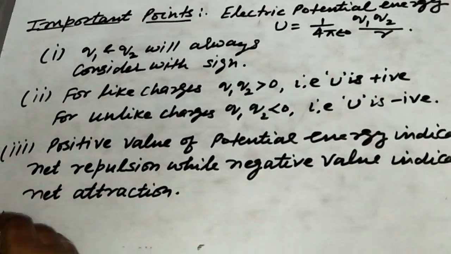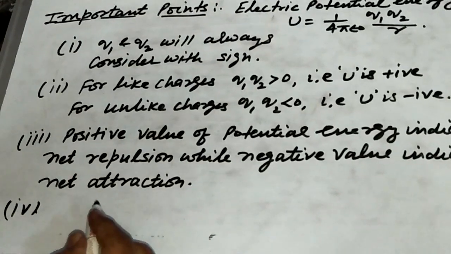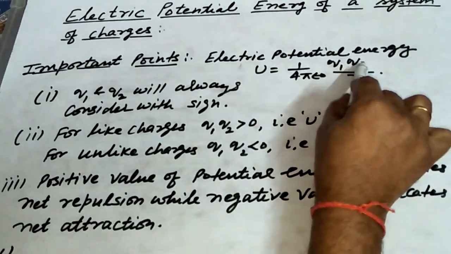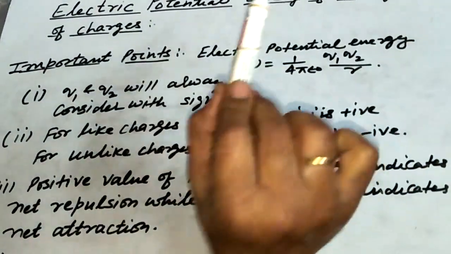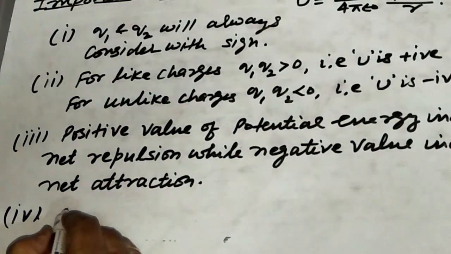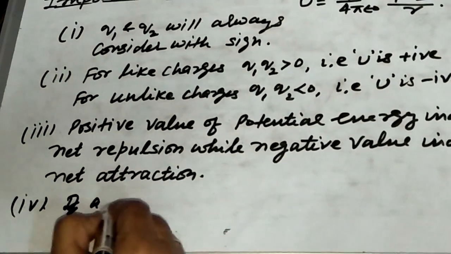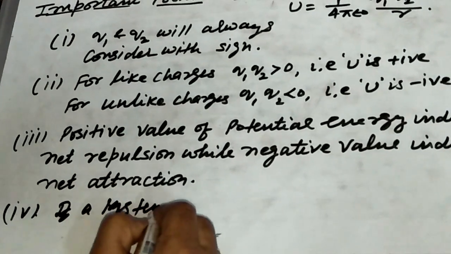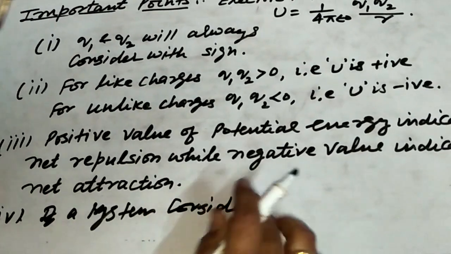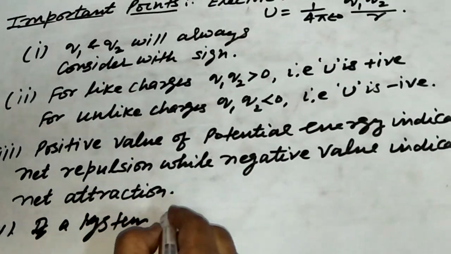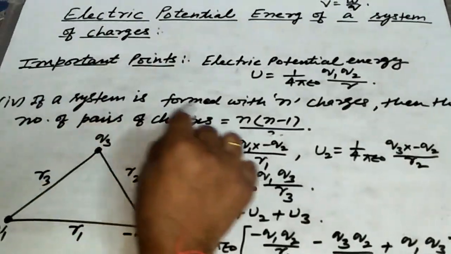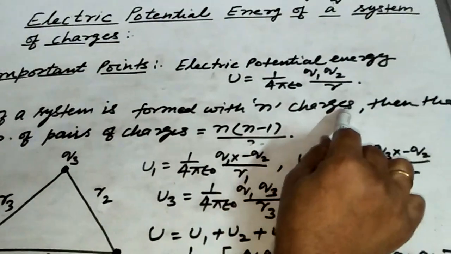And the fourth point, which is also very important: since electric potential energy is always calculated for a pair of charges, suppose a system is formed with n charges.